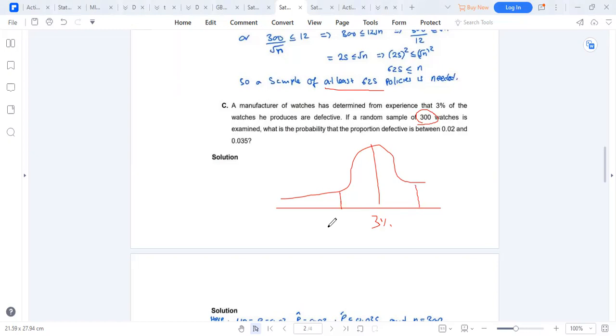Yes. So we're trying to calculate that if a random sample of 300, since we've been given n, we need to calculate the standard deviation for the proportion. What is the probability that proportion will lie between 2% and 3.5%? So we're looking at this proportion here. Okay. Are we together?